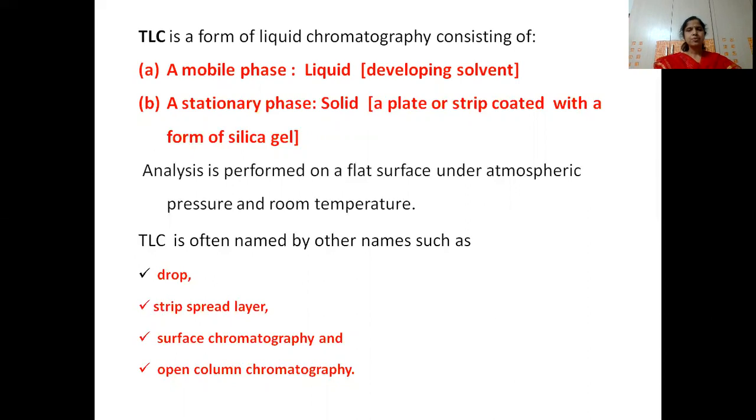And it is surface chromatography because the separation is taking place only on the surface of the slide. So it is known as surface chromatography. And it is open column. Why open column? Because it is taking place open. That is, we are not closing that slide with any other equipment. So it is open column chromatography.